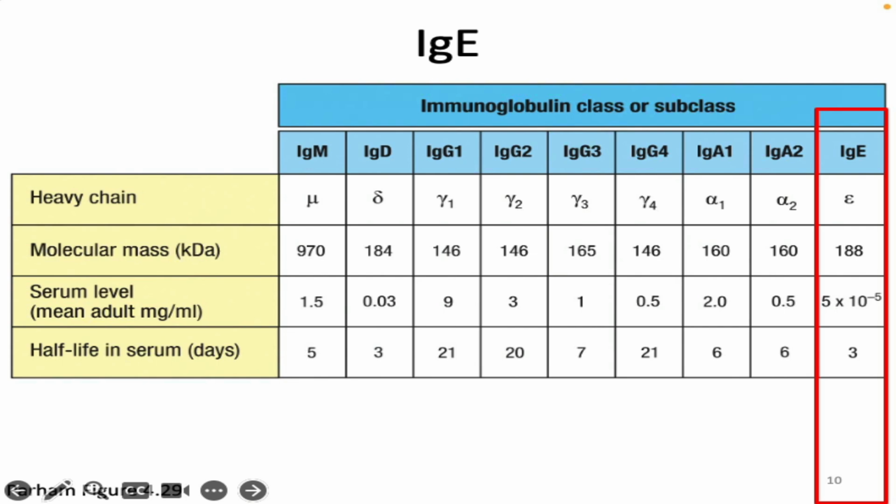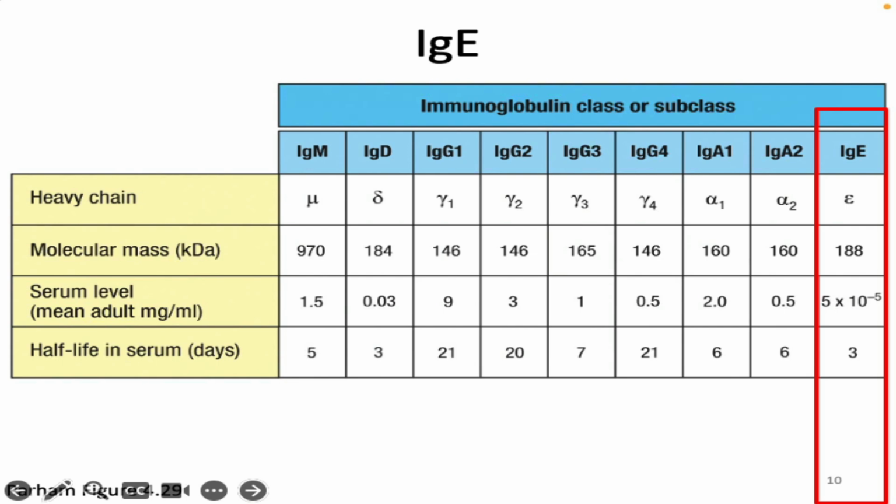There is a reason why IgE is found so rarely in the serum. It turns out it's not because you make a tiny, tiny amount of IgE. So if it's not that you make a tiny amount of IgE, what could be the reason why there's not so much IgE in the serum?